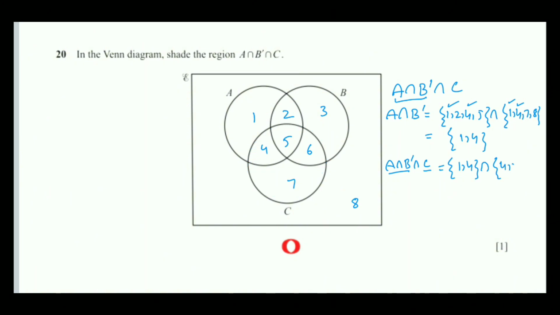So intersection means common, and 4 is common here. So this is the final answer. It means you just have to color the 4 part. This is the way you can solve these types of questions. Please follow this method, otherwise you can get these types of questions wrong if you do it directly.